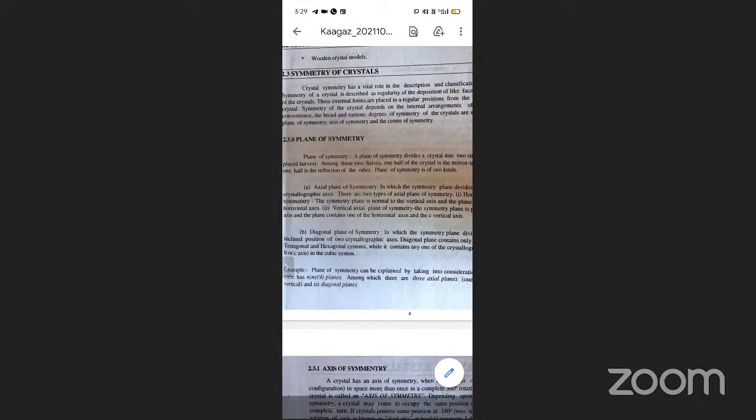Of these two halves, one is the mirror image of the other, reflecting the previous one. There are two types of planes of symmetry: one is the axial plane of symmetry, and the second is the diagonal plane of symmetry.